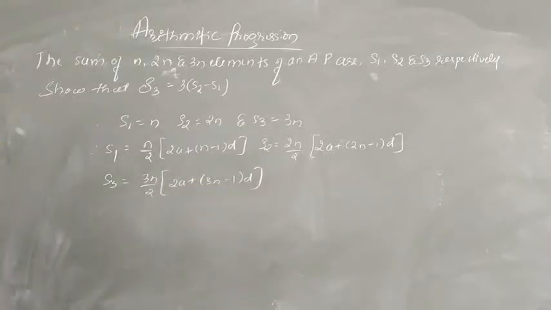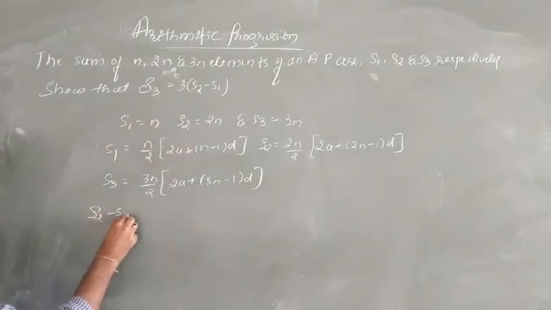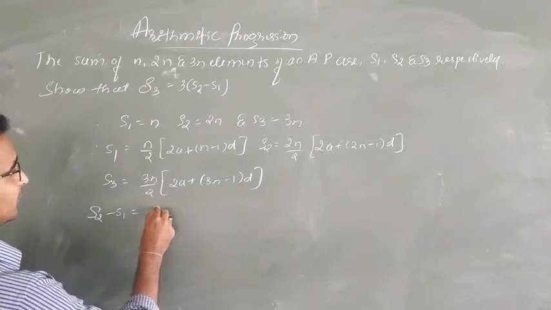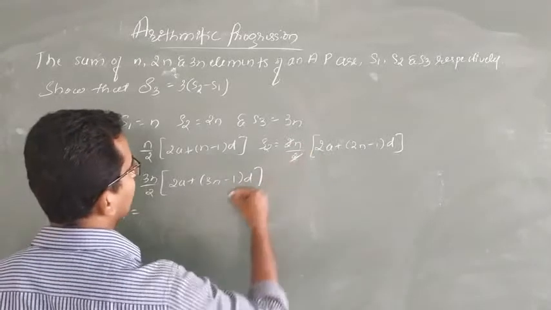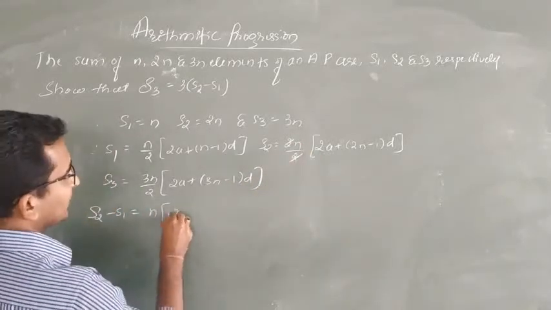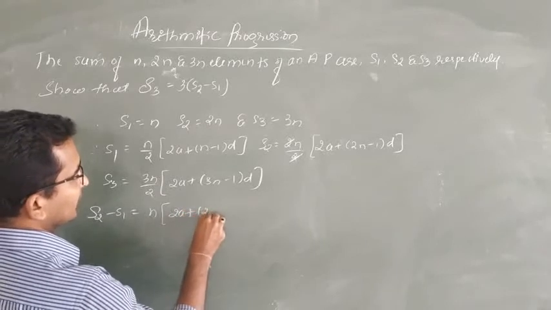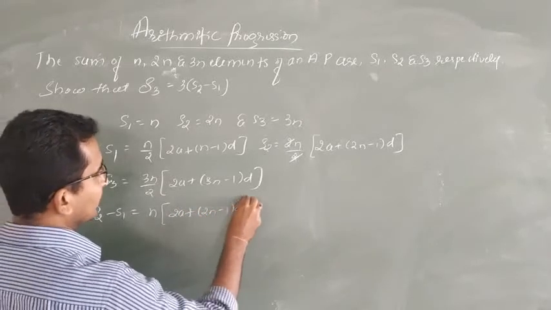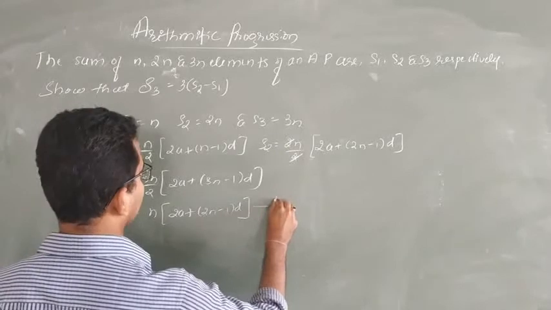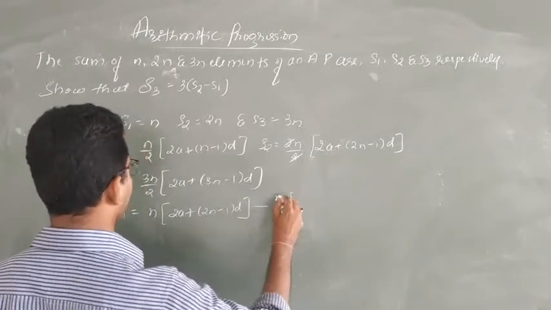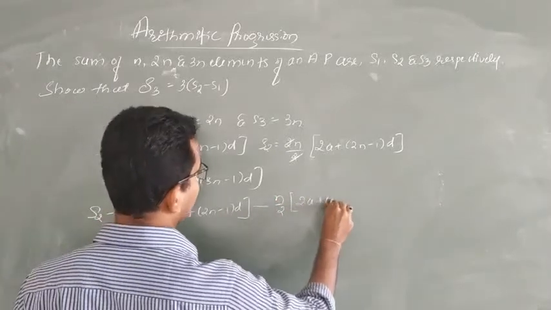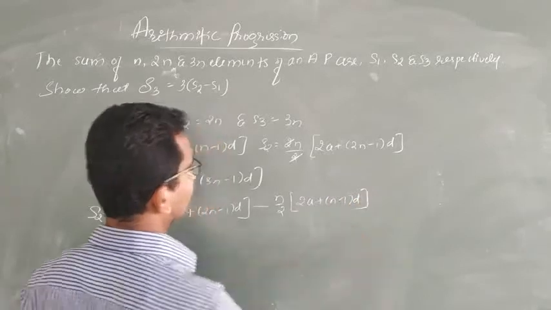So first I will take the RHS, that is S2 minus S1. What is S2? That is 2n by 2, the 2 will get cancelled, that is n into bracket 2a plus 2n minus 1 into d, minus n by 2 into 2a plus n minus 1 into d.